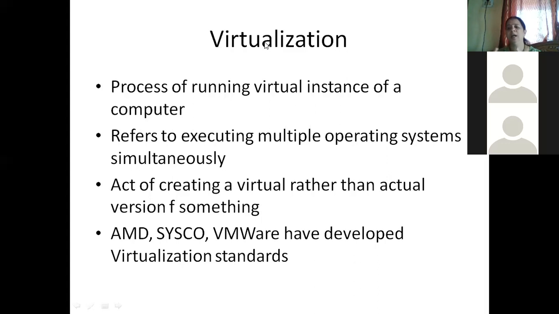You actually don't have that computer or that hardware, and you may not find all those resources on your computer. Yet, because of virtualization, even if it is present on a very remote server, it is made available to you as if you're using it on your own local machine. You start getting that experience. So virtualization is a very important concept in cloud computing.